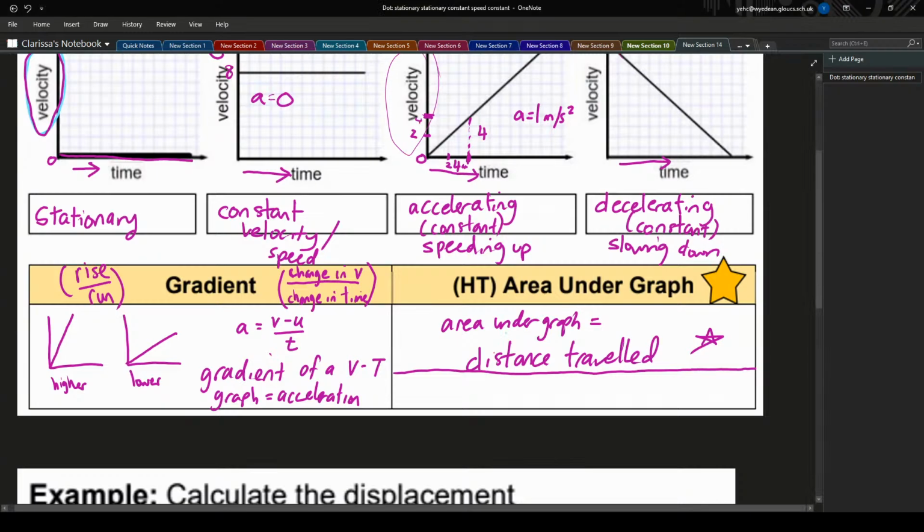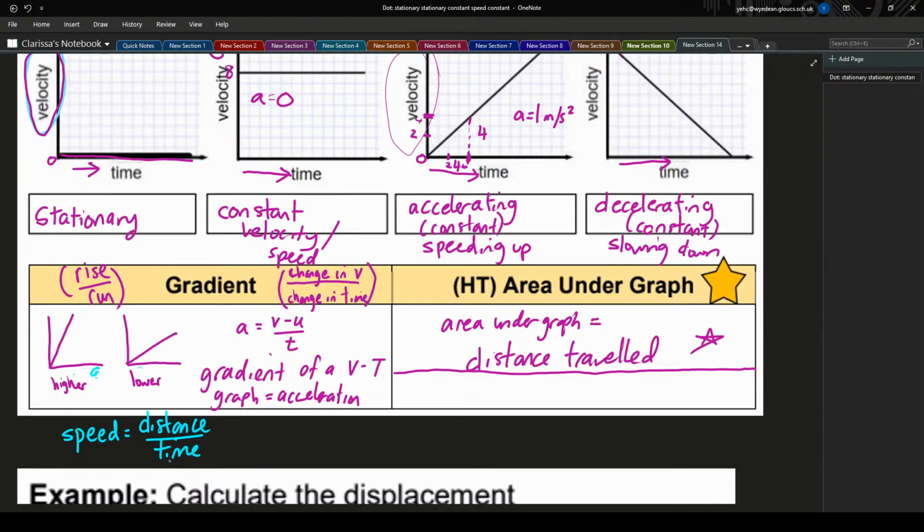Okay. So, hang on. You guys are already familiar with the formula speed equals distance over time? Yeah? Well, the formula is pretty much the same for velocity, it's just distance over time.